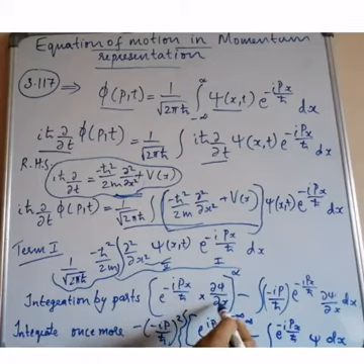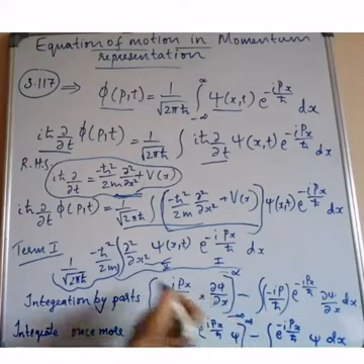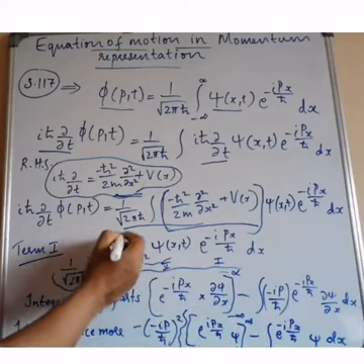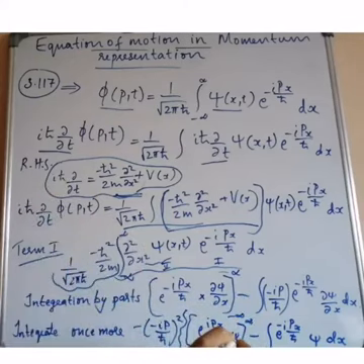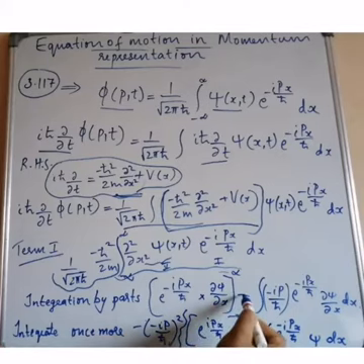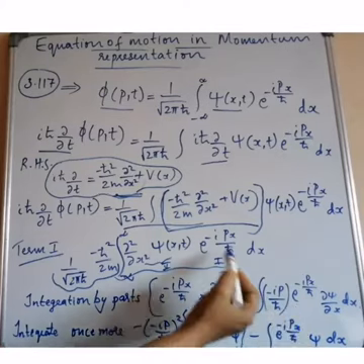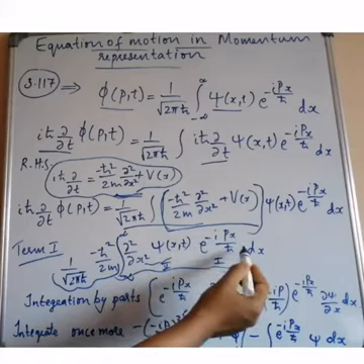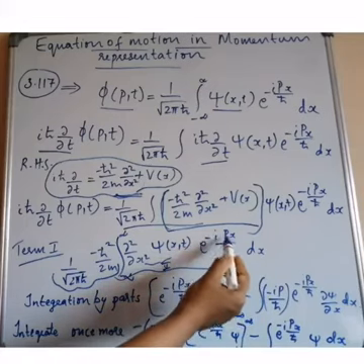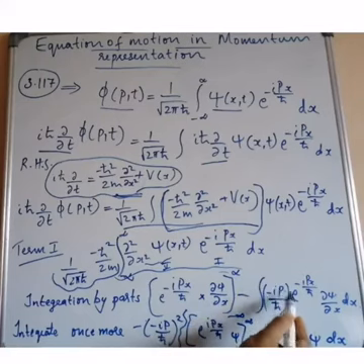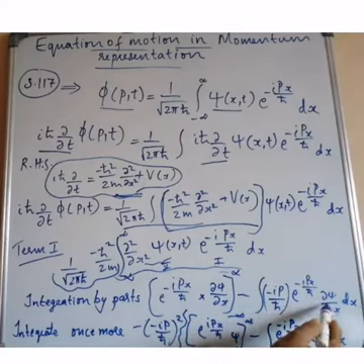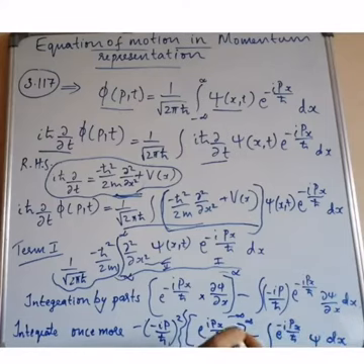So we have ∂ψ/∂x, and apply the limits minus infinity to plus infinity. Now minus the integral of the derivative of the first. The derivative of the exponential gives the constant minus ip by ħ, and the exponential as it is. Then again the integral of the second, so ∂ψ/∂x into dx.